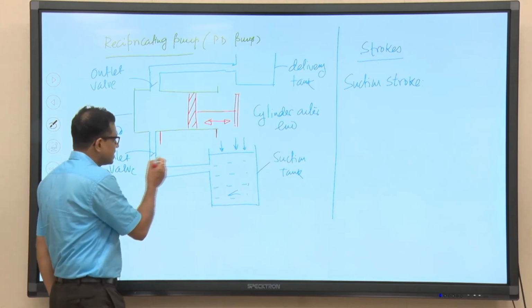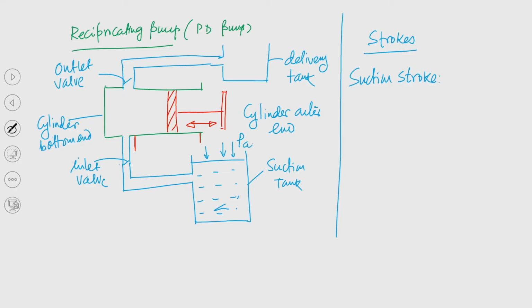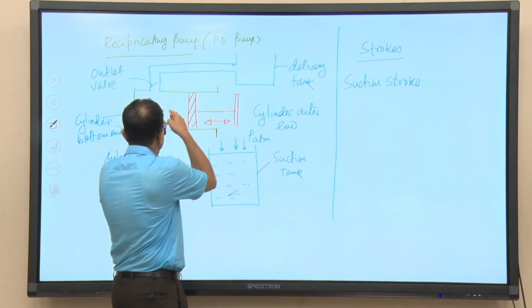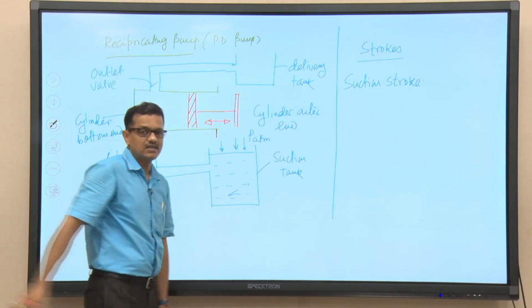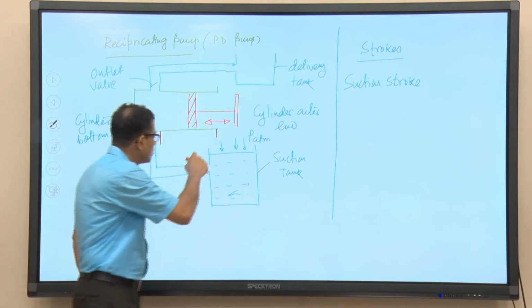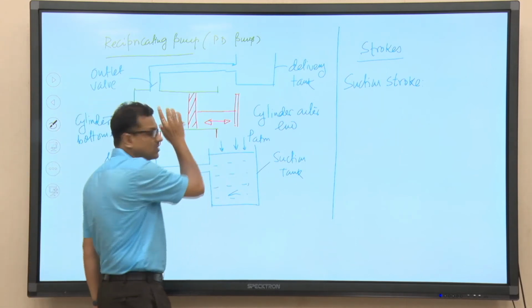You know that here atmospheric pressure is acting in the suction tank. Now, our objective should be to create vacuum pressure inside the cylinder, so that the pressure inside the cylinder is sufficiently less than the atmospheric pressure. In that case, the driving pressure, the pressure difference between the atmospheric pressure and the pressure inside the cylinder, will allow liquid to move from the suction tank into the cylinder.